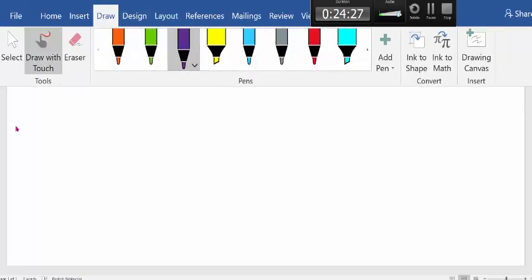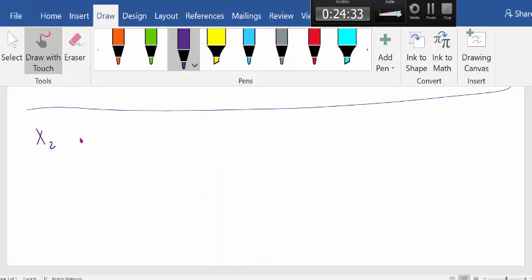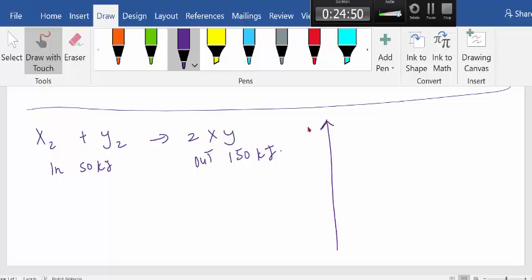Now in any reaction, we start again with X and Y. X2 plus Y2 become 2XY. Let's say energy in is 50 kilojoules and energy out is 150 kilojoules. So we draw something called an energy level diagram.